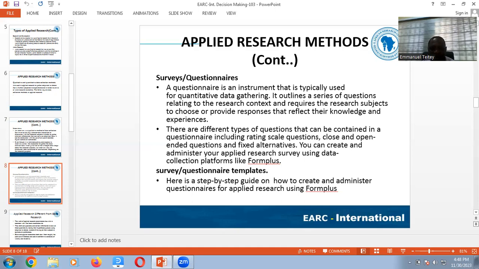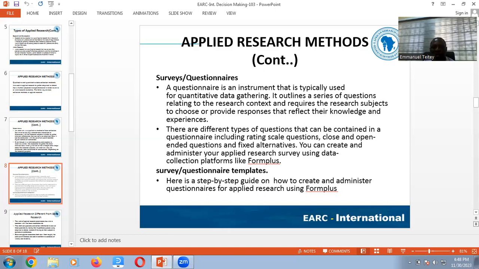There are different types of questions that can be contained in the questionnaire, including rating scale questions, closed and open-ended questions, and fixed alternatives.